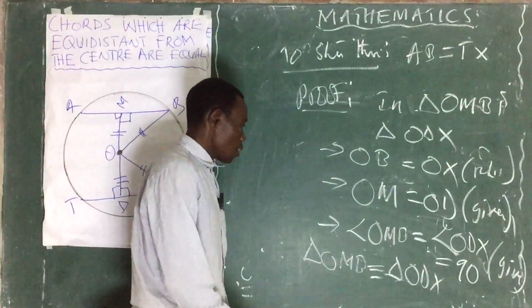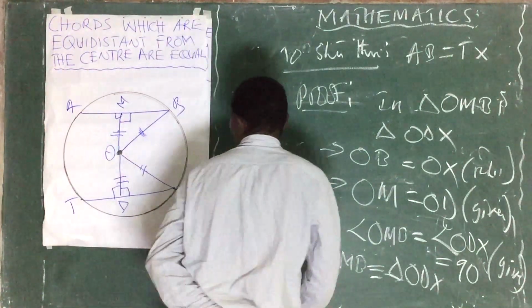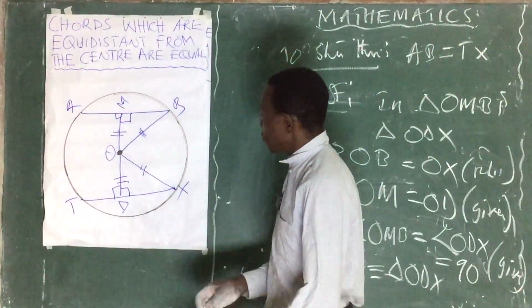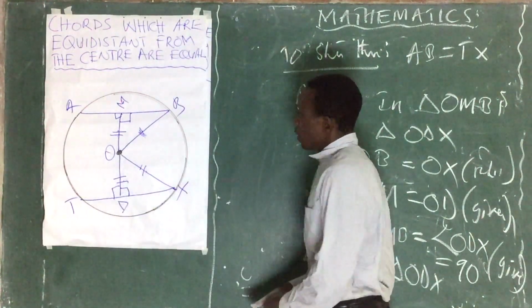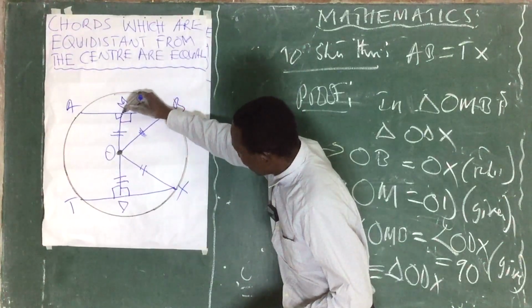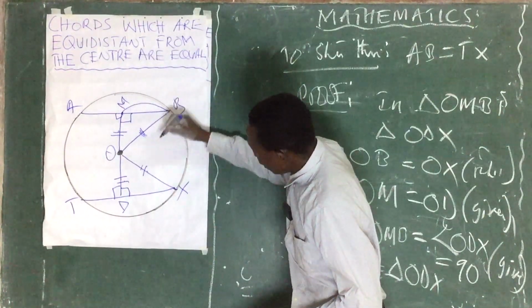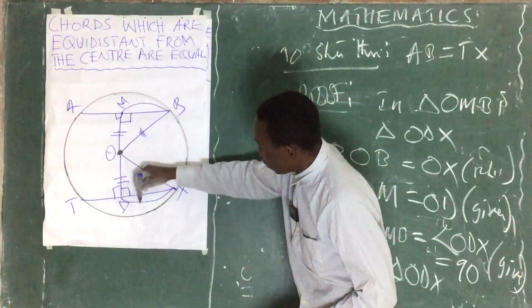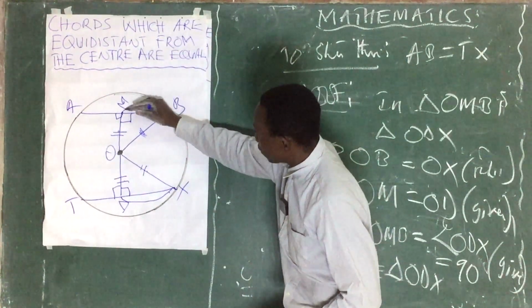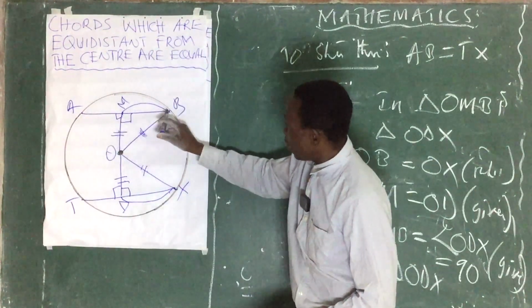ODX. Right, so if that is true, then we expect side MB, the target now, in the two triangles here, if they are congruent, will be like checking if side MB is the same as side what? That DX. If MB is equal to DX, then definitely MB is half of AB.